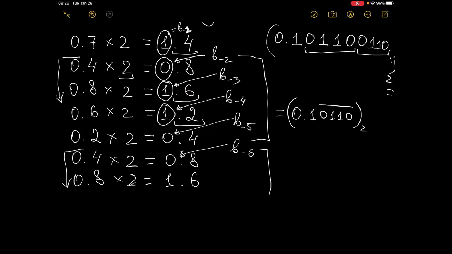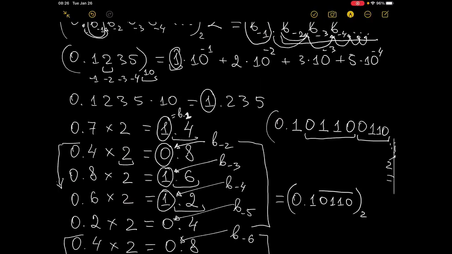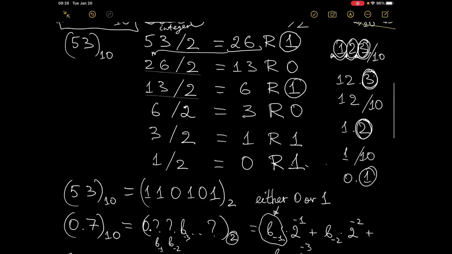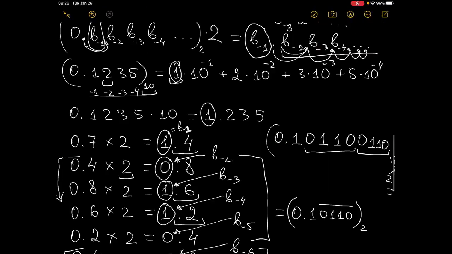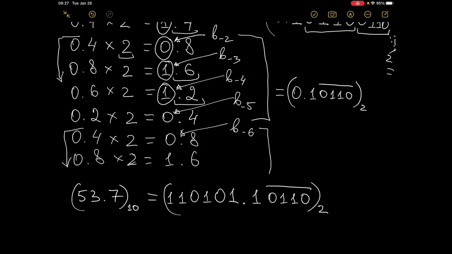Now, after that, I can say that 53.7 in decimal representation is nothing else but 110101, radix, then 0110 infinitely repeating in binary representation.